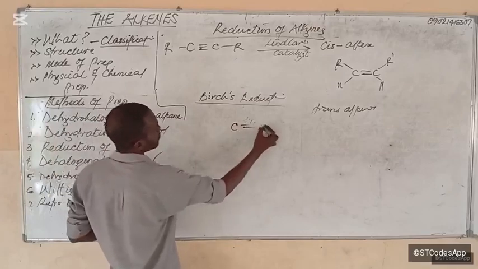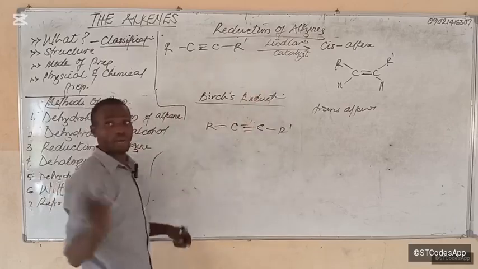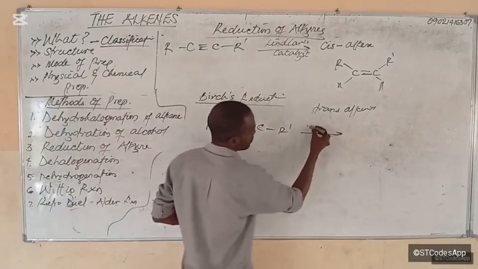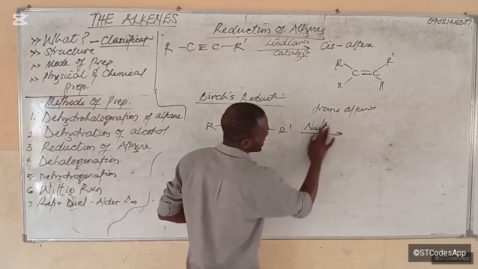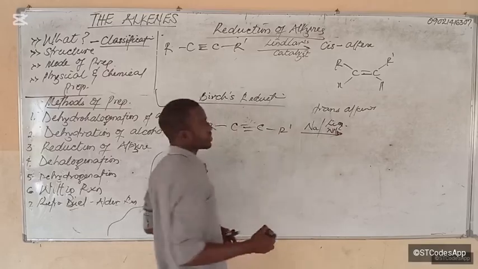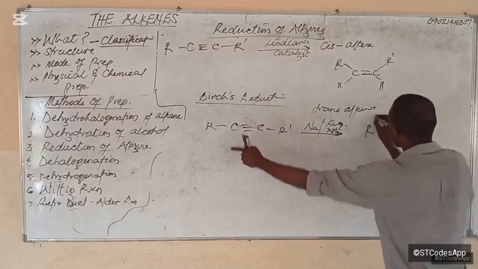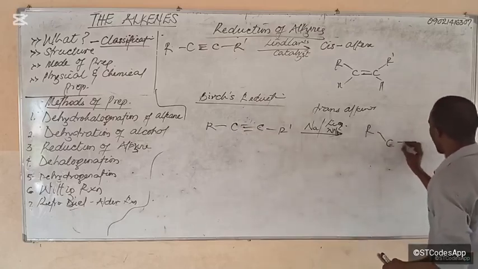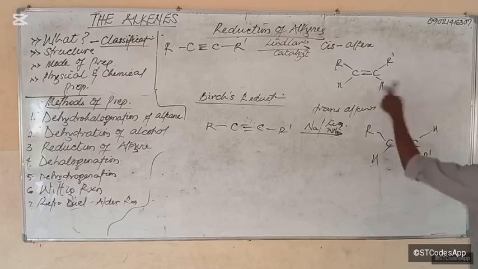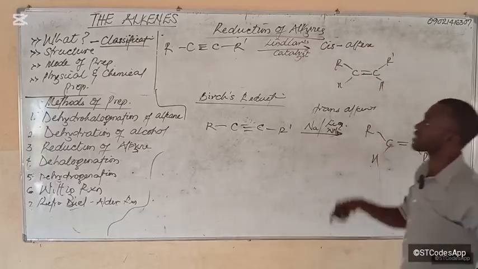Now, when you have this triple bond here, what will happen? Once the reduction takes place, this one takes place in the presence of sodium that is immersed in liquid ammonia. Once the reduction takes place, you are going to get a trans alkene. Does that make sense? So you see that this one takes place in the presence of Lindlar's catalyst, and this one takes place in the presence of this guy.